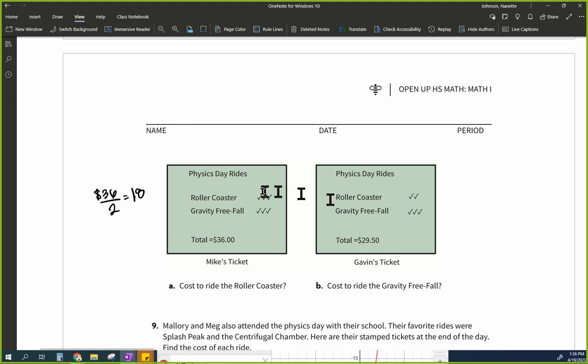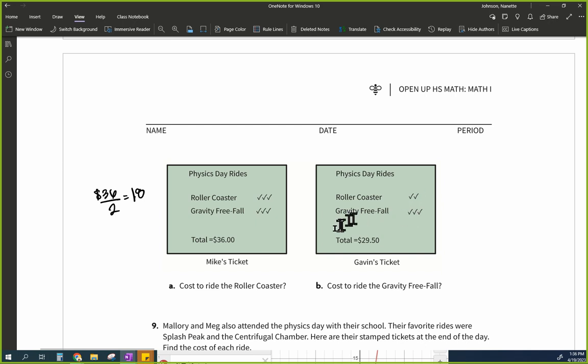When you first explained, you said, I used Mike's ticket and compared it to Gavin's ticket, and I noticed that Mike rode the rides a total of 6 times versus Gavin's ticket, which was 5.